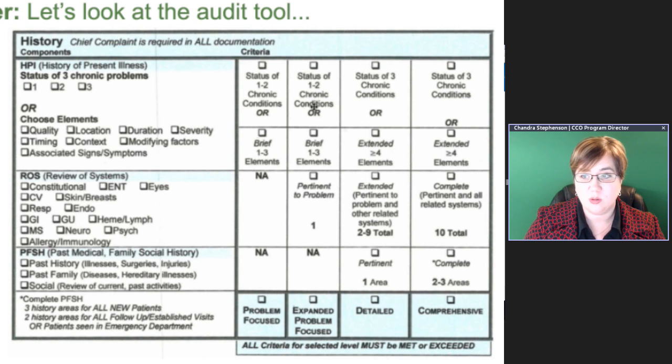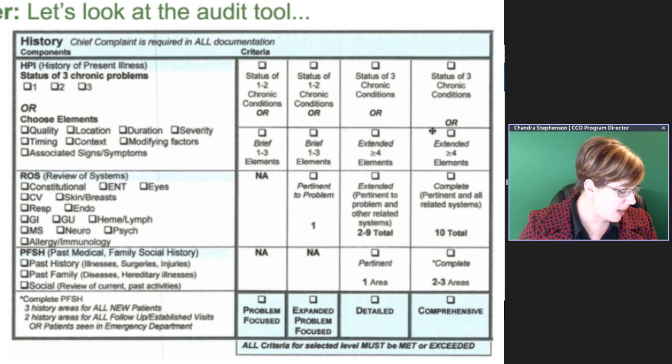Because these two, problem-focused and expanded problem-focused, are the same. So the lowest history you can get is expanded problem-focused, either way. And detailed and comprehensive are the same. So really, you're either at an expanded problem-focused HPI or a comprehensive HPI. It's one or the other, right? You're going to get to one of those two for the HPI.